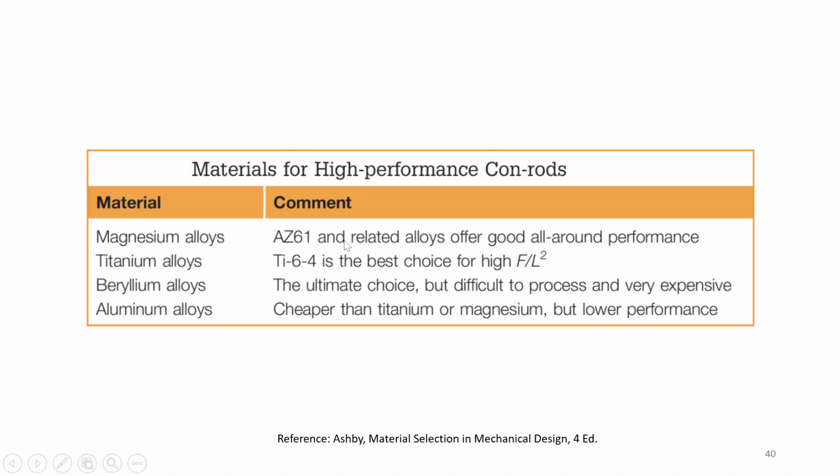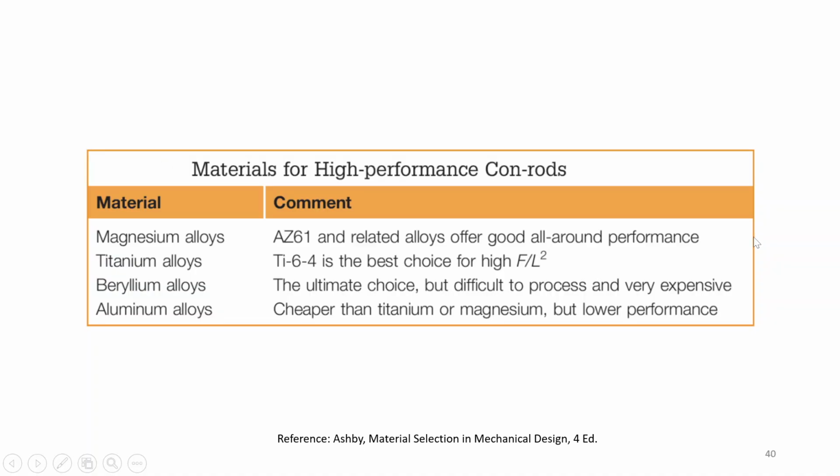And these are the materials which are used for high performance connecting rods: magnesium alloys, titanium alloys, beryllium alloys, and aluminum alloys. In case of magnesium alloys, you have AZ61 and related alloys which offer good all around performance.